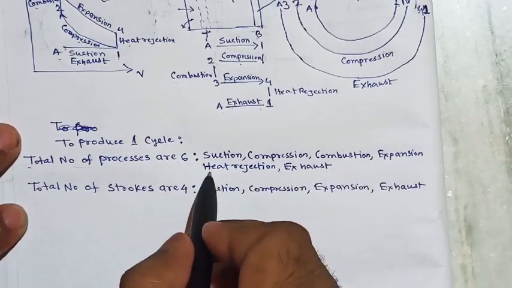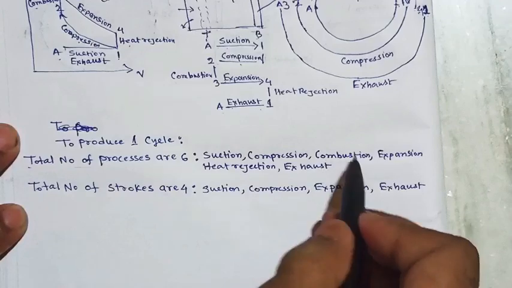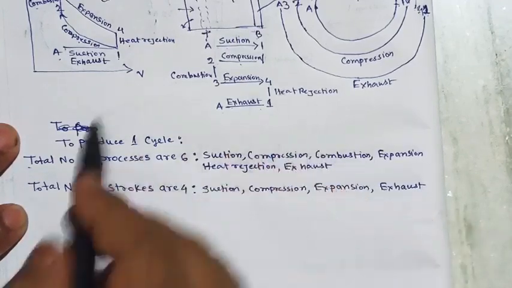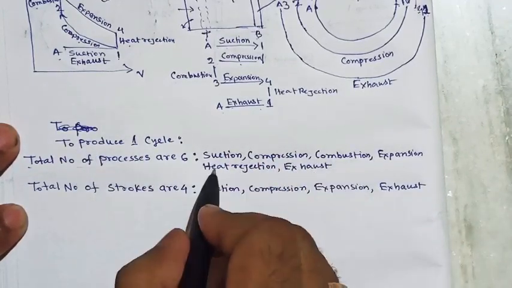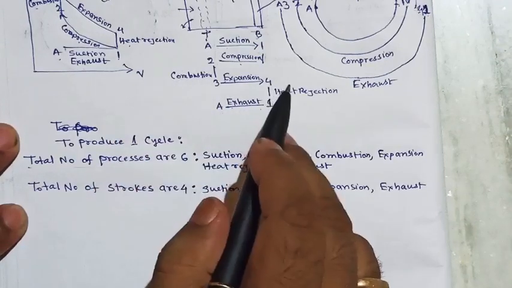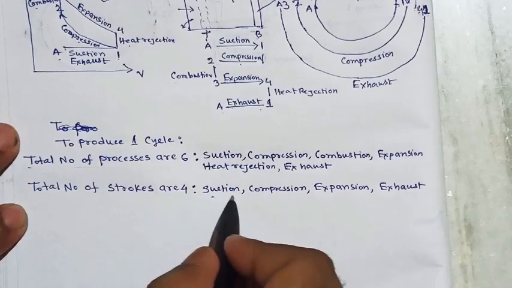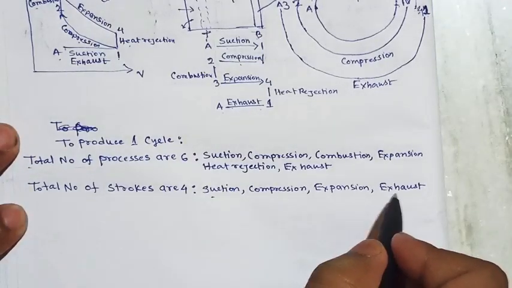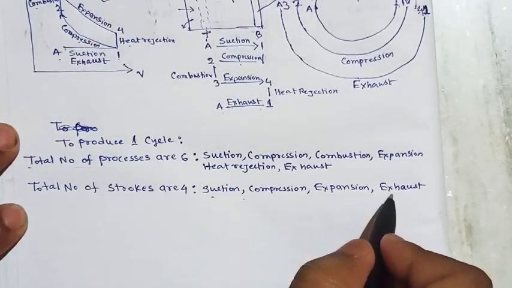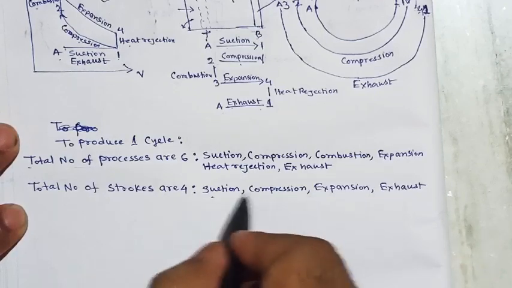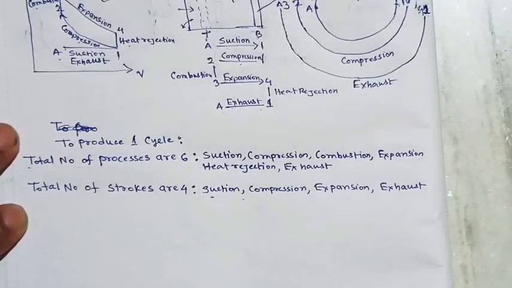Only the heat rejection and combustion processes are cancelled, because during combustion and heat rejection the piston does not move. So only in the suction, compression, expansion and exhaust processes does the piston move. So these 4 processes are the strokes of the engine. Okay.